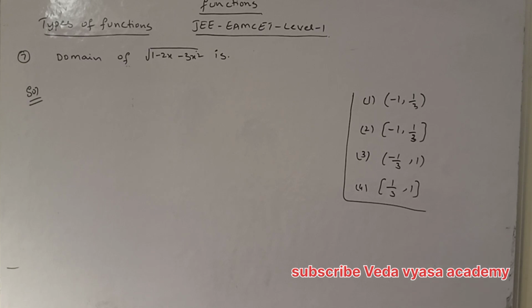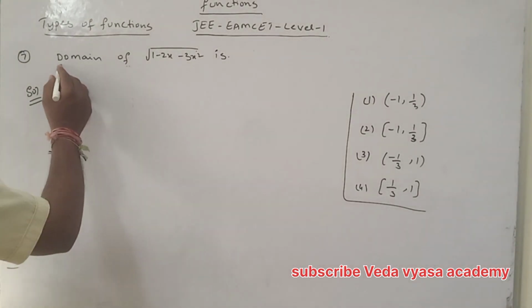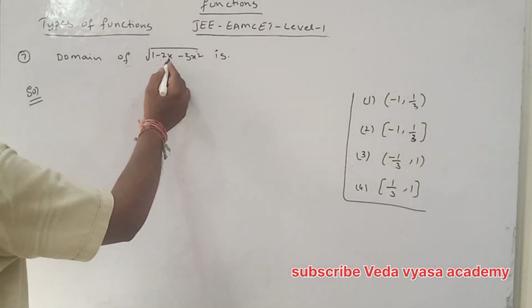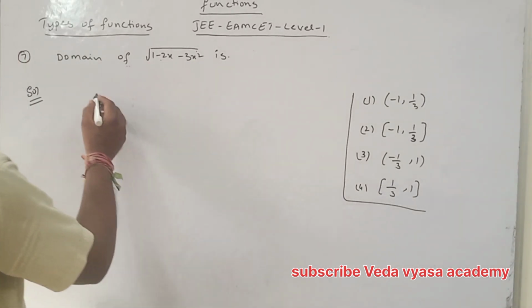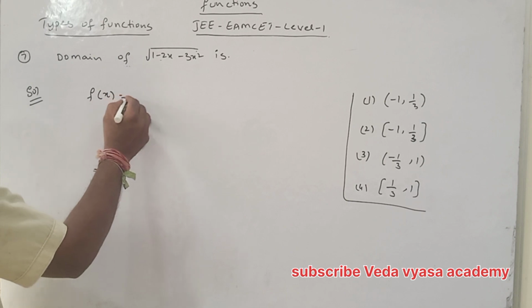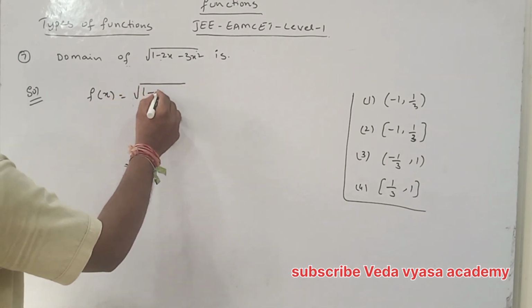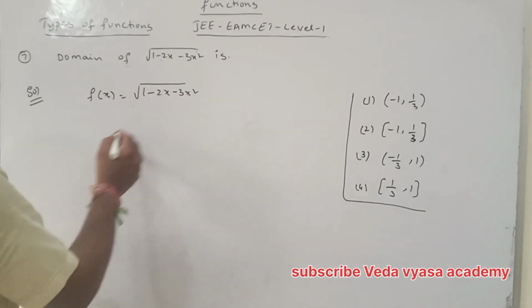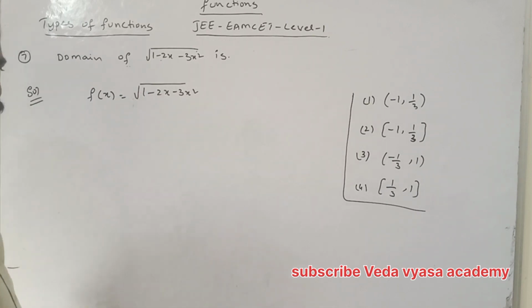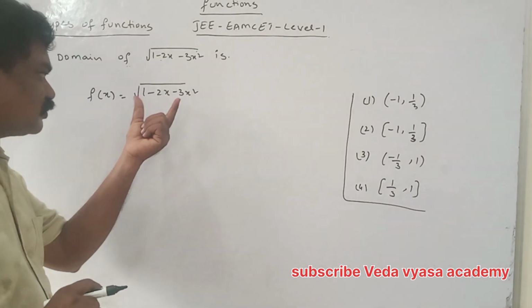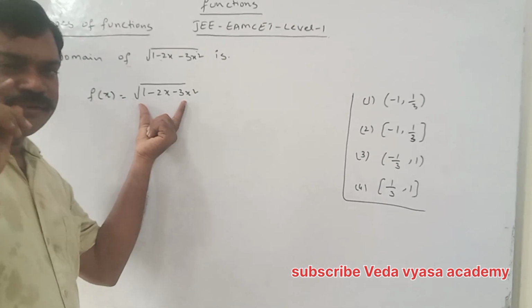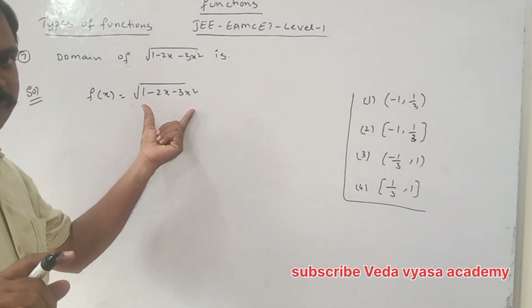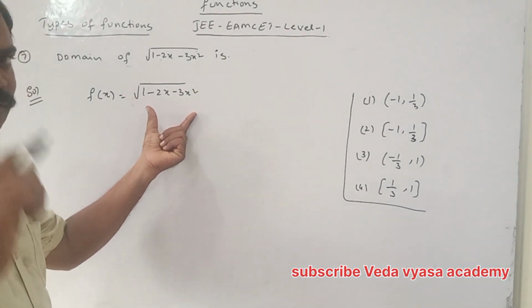Dear viewers, we have one more problem on the domain of functions. The domain of f of x is equal to root over 1 minus 2x minus 3x square. Here we have to find the domain, which means this should be greater than or equal to 0.